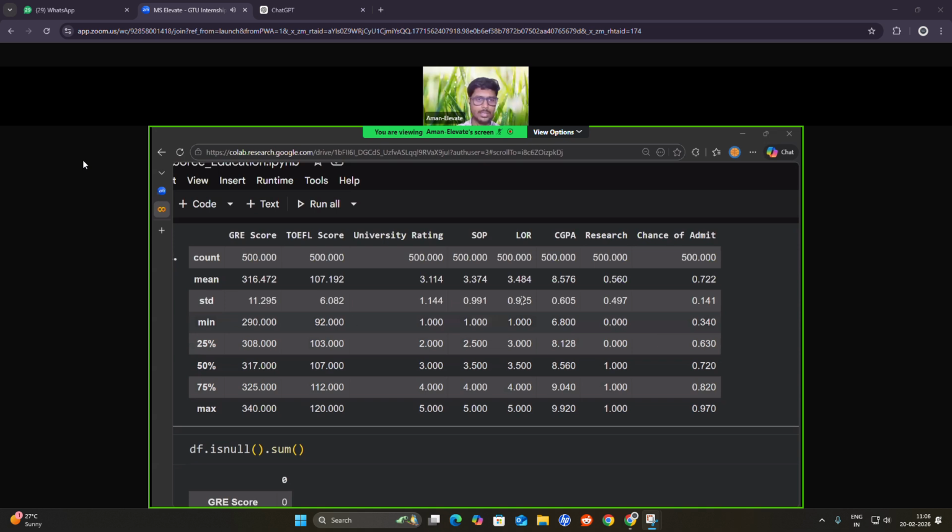The mean of getting a chance is 72%, right? Mean of getting a chance is 72%. It means the average is 72%. So what do we mean by this?